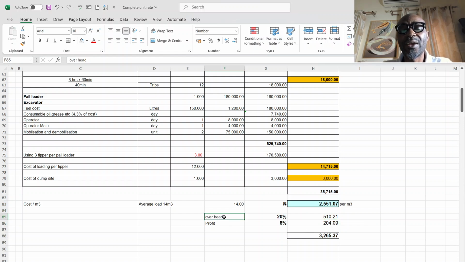And if you've not been following me, I illustrated how you generate your overhead and profit in one of my videos, how to price personnel cost. I did illustrate how you build up those rates to arrive at your overhead.